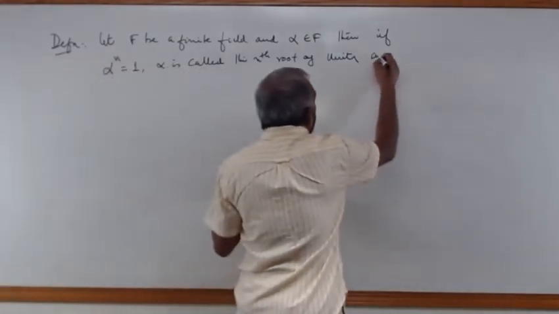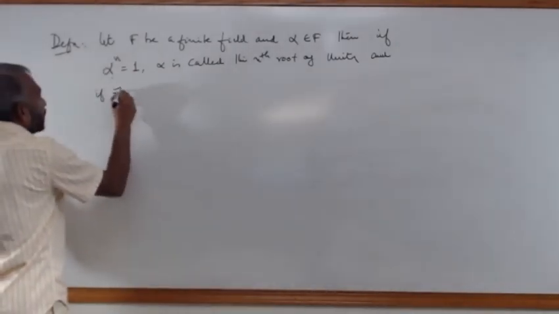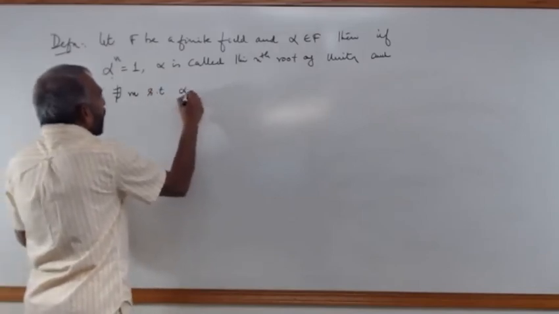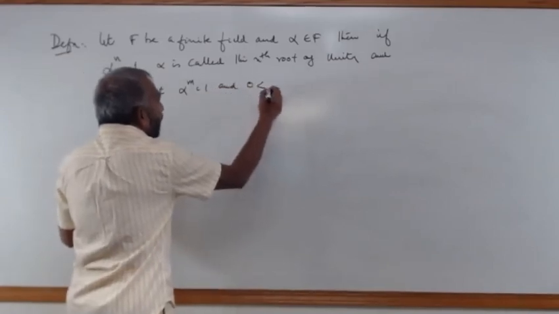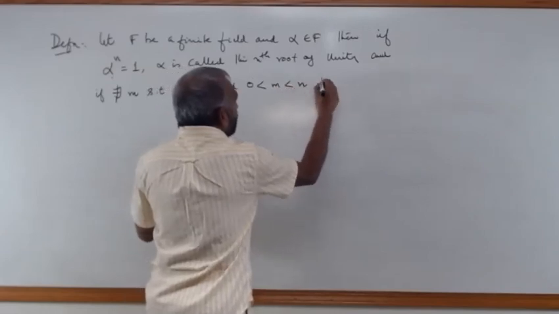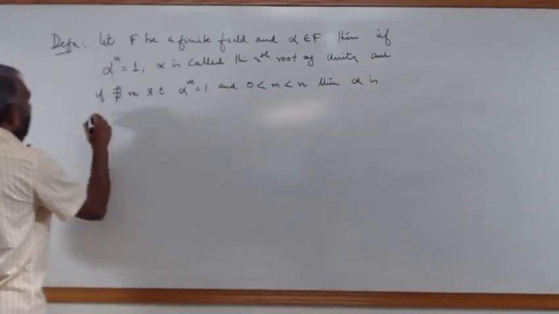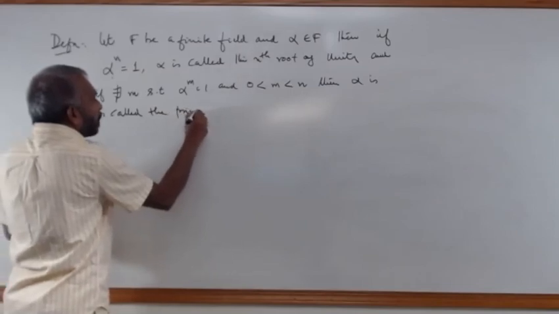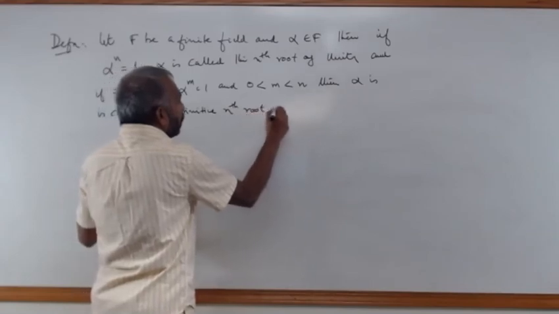And if there exists no m such that alpha to the power of m is equal to 1 and 0 less than m less than n, then alpha is called the primitive nth root of unity.